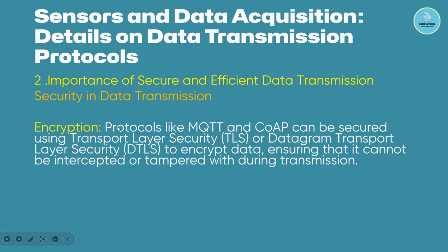All these layers of the network come from that particular concept, and I will definitely discuss it with you soon, as we complete this topic. So we encrypt data, ensuring that it cannot be intercepted or tampered with during transmission.